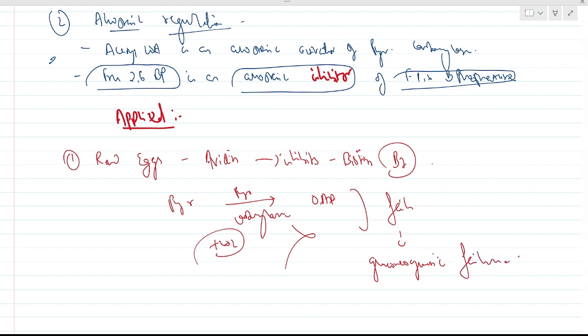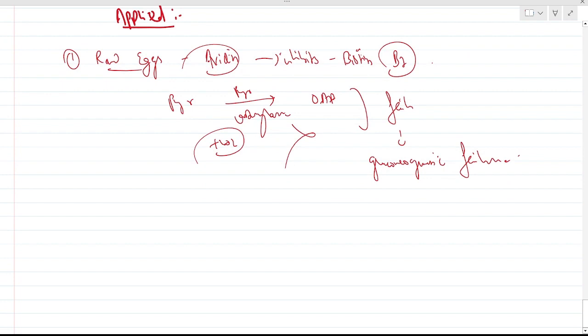Due to raw eggs which contain avidin, pyruvate carboxylase is inhibited, and we also know it inhibits PEPCK, phosphoenolpyruvate carboxykinase, as it also requires biotin.